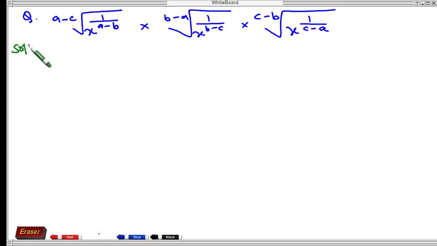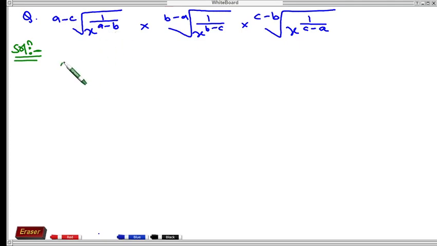Now the solution is, okay. Now this is the order we can divide here.